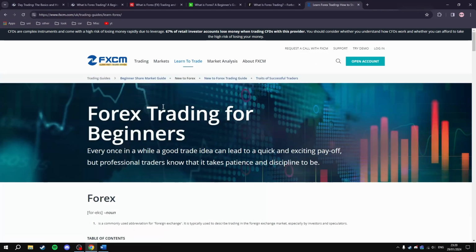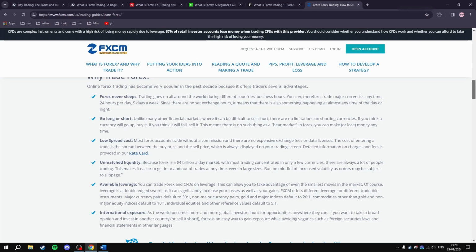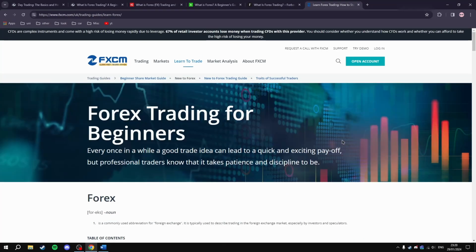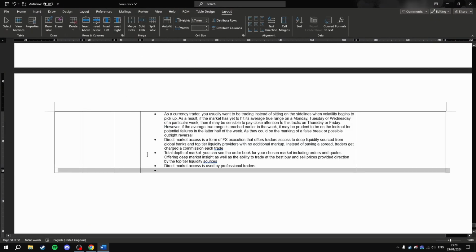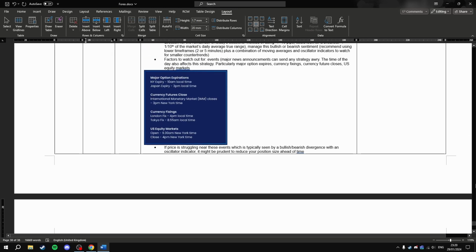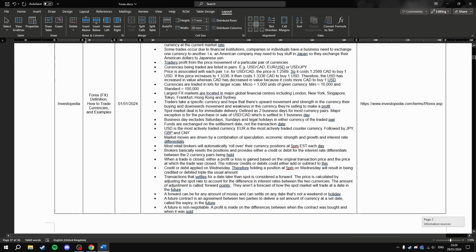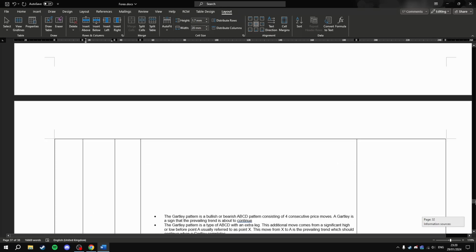Yes, let's do this first. Okay, so this looks good. Let's add a new row below. What did I name the first row? Source name, page name, date accessed, website link.